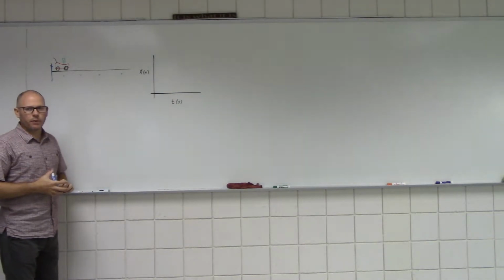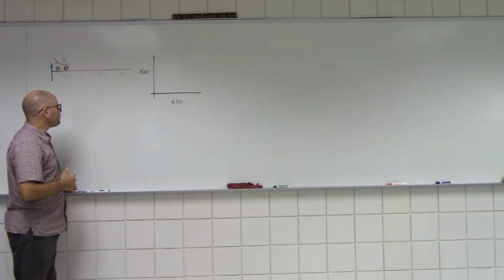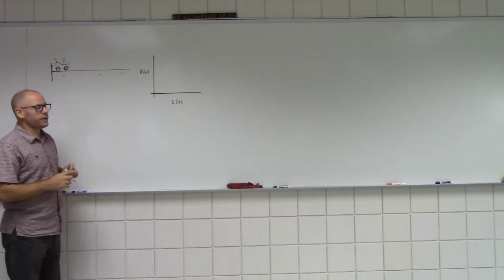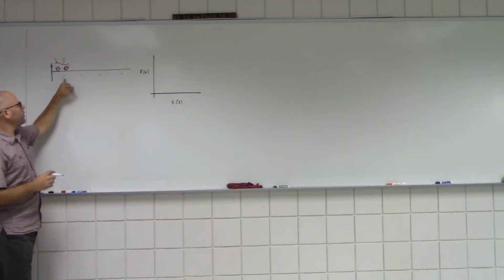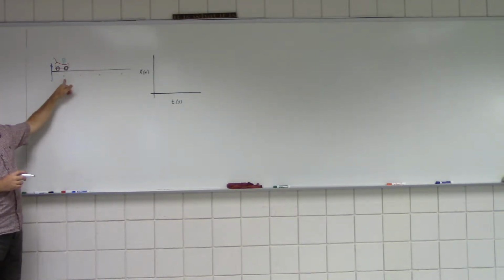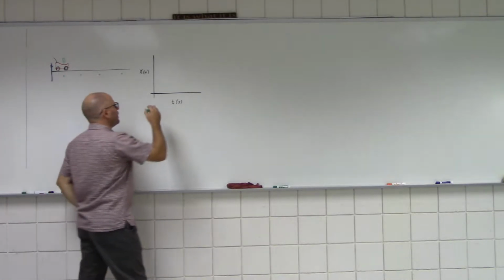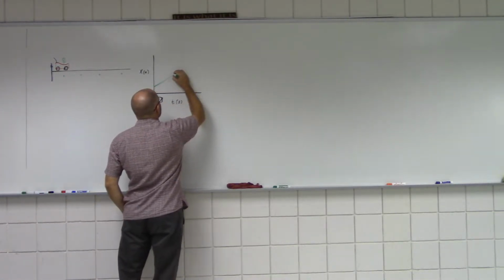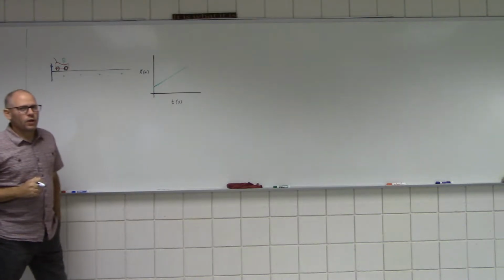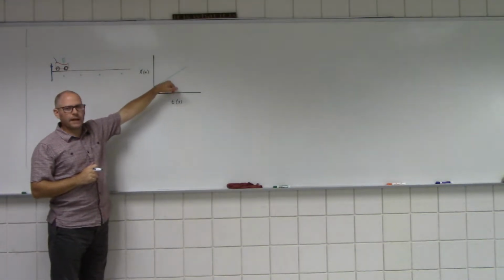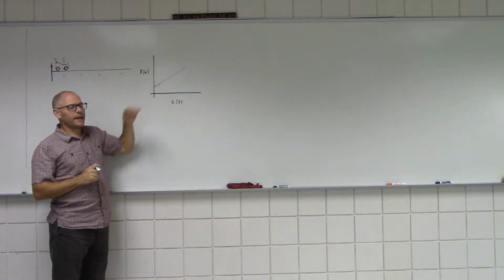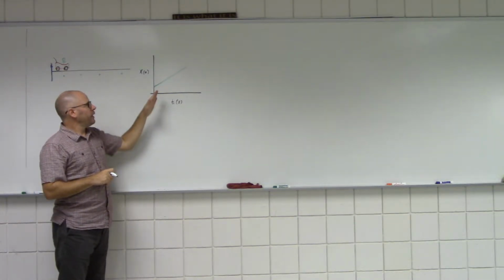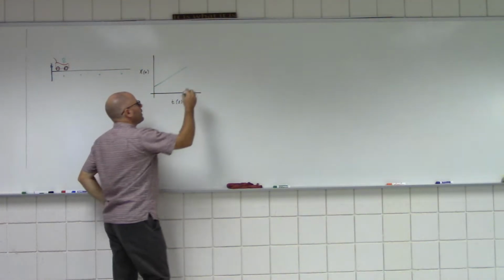What would the position time graph look like for this? Well, at 0 time, he's already in front of the zero line, so that would look something like this. What we notice is that the slope of this line is constant, which reminds us that this is a constant speed.